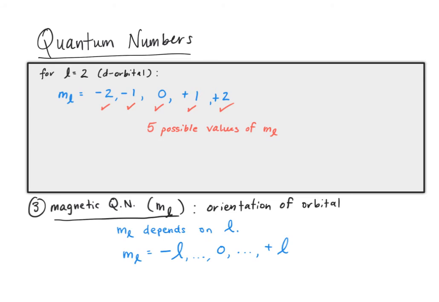In fact, anytime we can count up the total number of possibilities for these magnetic quantum number values, we'll get the total number of possibilities for ways in which we can orient orbitals in space. The values of M sub L for a p orbital, for instance, range from -1 to 0 to +1, with 3 distinct possibilities. Therefore, 3 possible orientations of a p orbital in space.